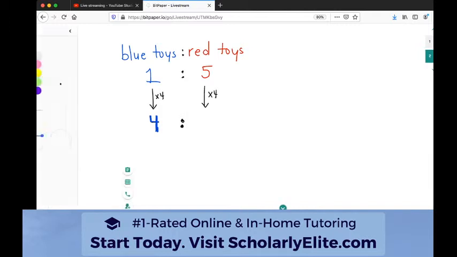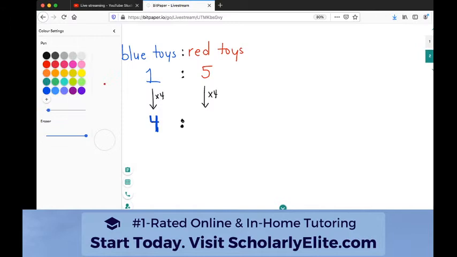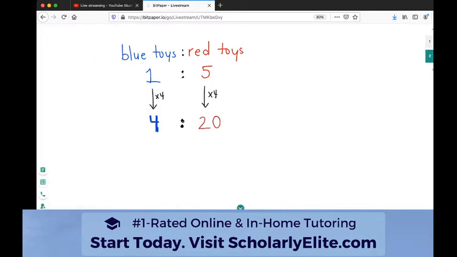So that means that I'm going to have 20 red toys in this scenario. Okay? So there are ways to do this. You have different examples that we're going to go through. And it's very, very important that we understand how we can switch between these things. Okay?